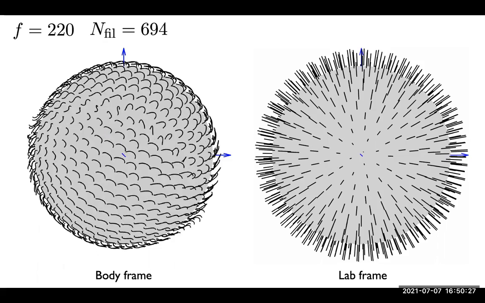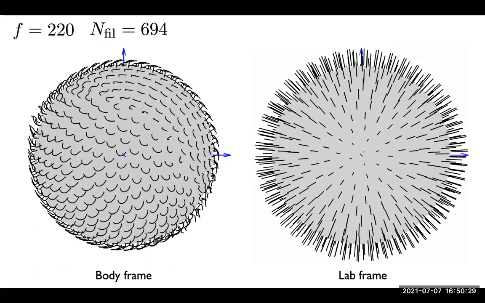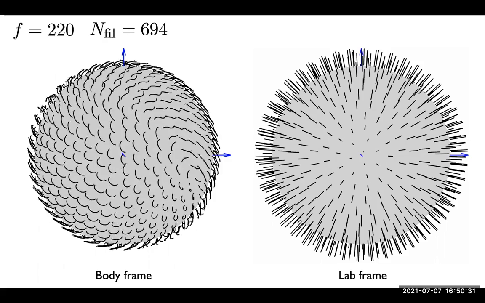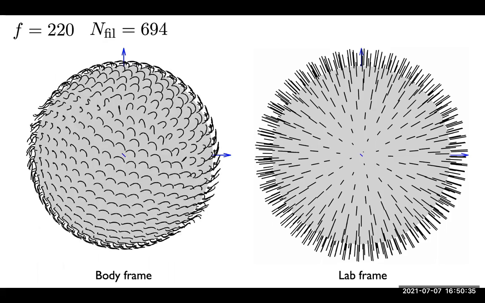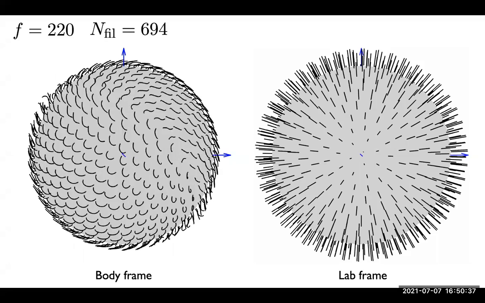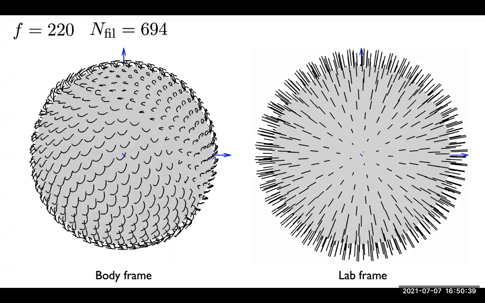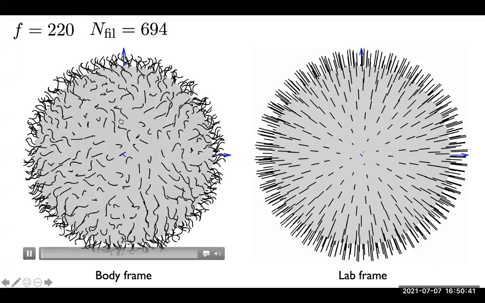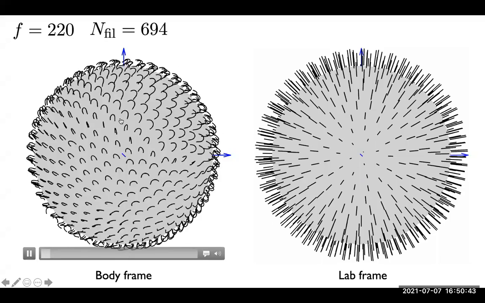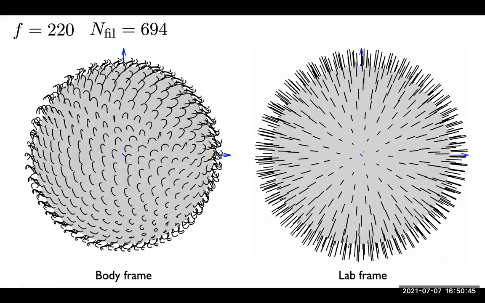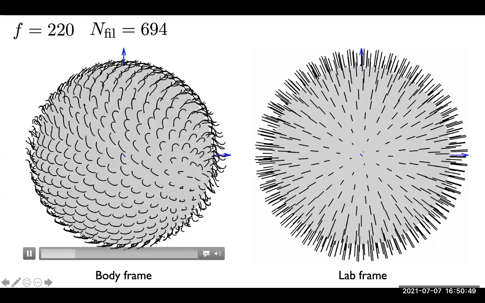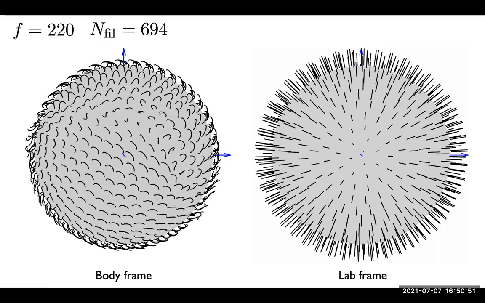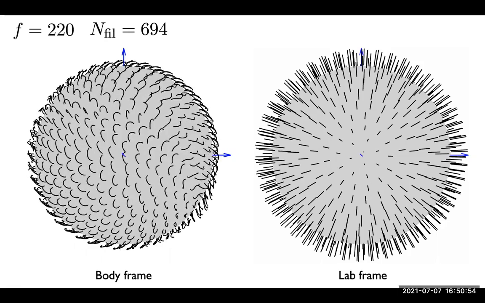Eventually, the sphere divides into two hemispheres, with clockwise whirlers on one hemisphere and anti-clockwise whirlers on the other, and then something happening to the filaments on the equator in between.